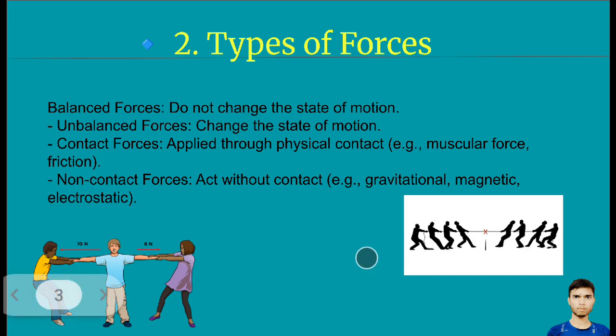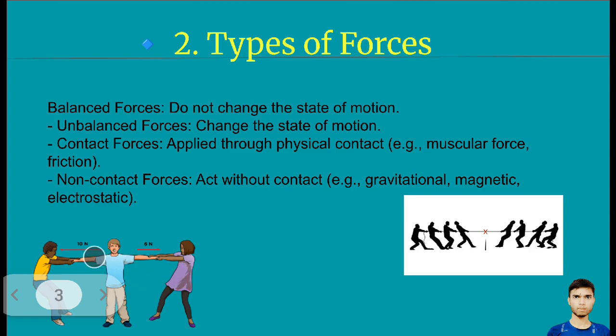The amount of force, the amount of Newtons, is the same. Now in this figure, what is happening? Both this girl and this boy are pulling this third person. Now what will happen?